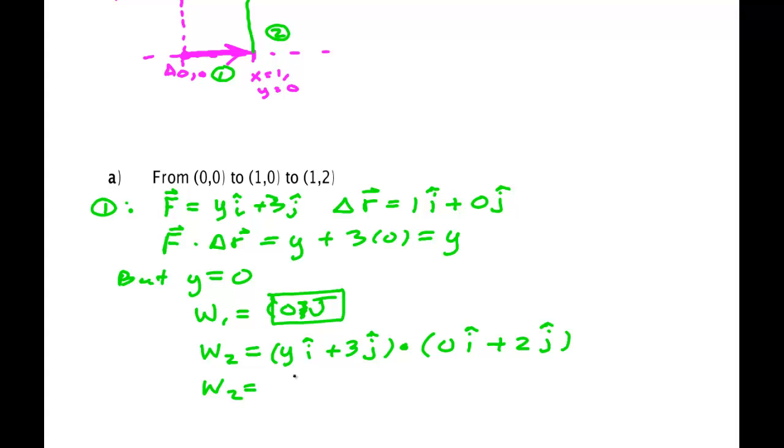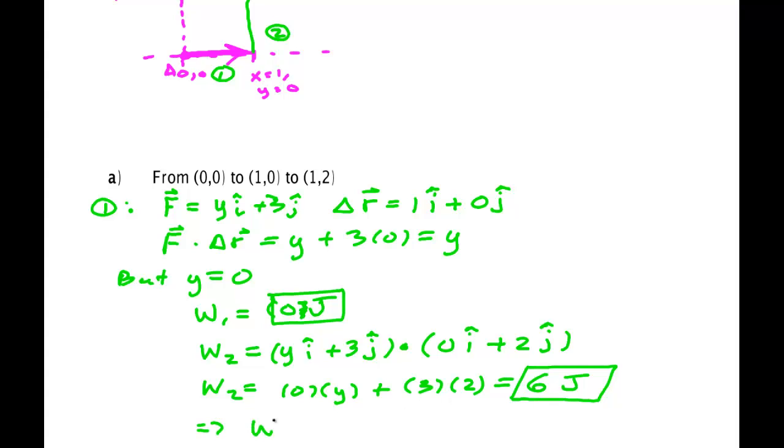So W2 is equal to 0 times y plus 3 times 2, 6 joules. Therefore, W is equal to W1 plus W2. This is 0 joules plus 6 joules. The total amount of work is 6 joules.